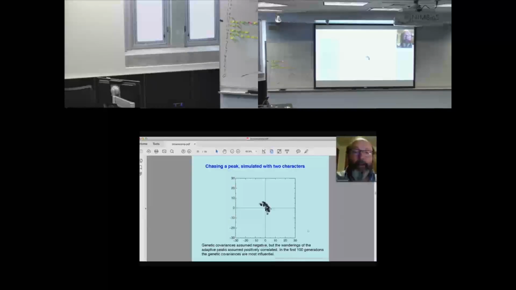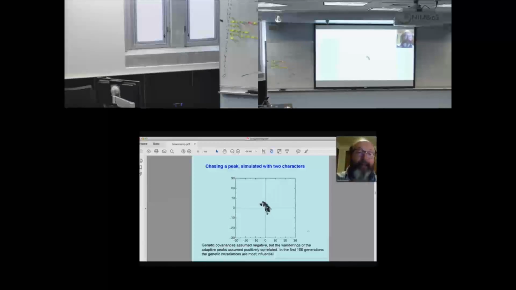And what we would see, because of the genetic covariances, which then affect the covariances of movement on the peak, if I have all these circles here be the successive generations, we can't see which is which, but the population is wandering on this peak, but it's tending to wander in a negatively correlated way. And you can see that in the distribution of the first 100 generations.